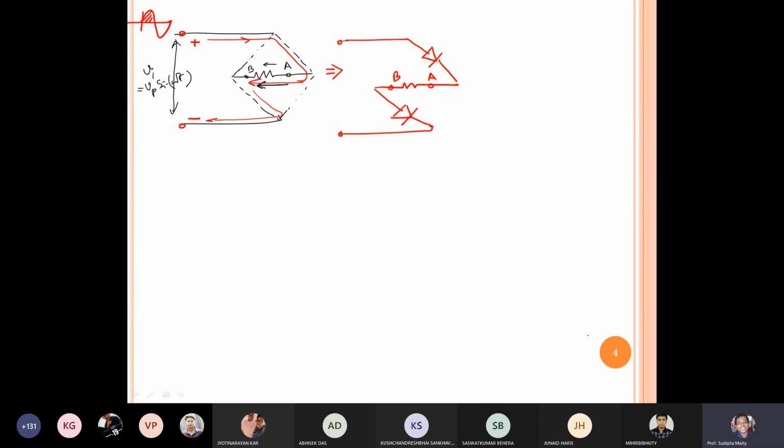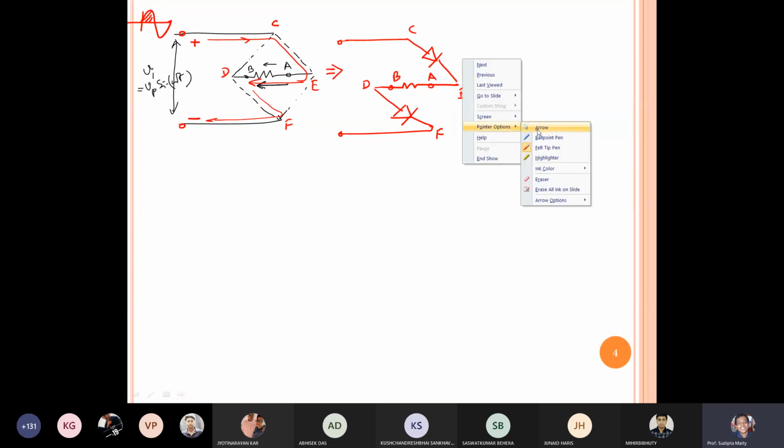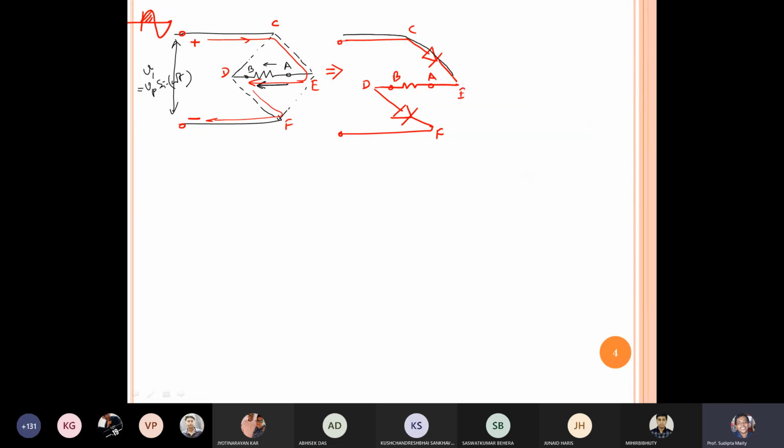Is it clear? Suppose I am giving A, B, C, D, E, F. So it is my C, D, E, and it is my F point. So I can easily achieve the current as shown in this diagram.